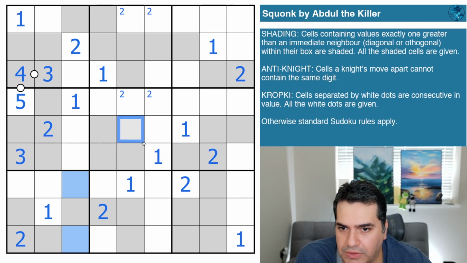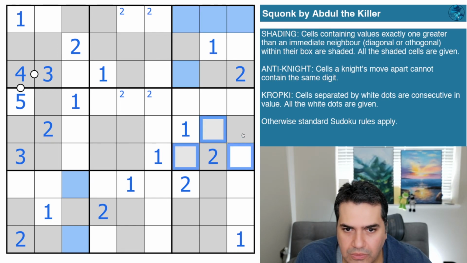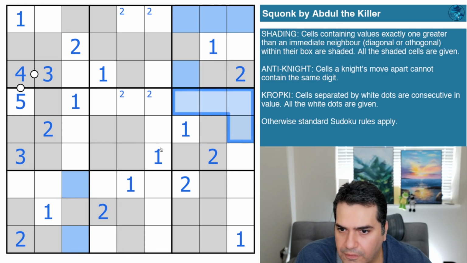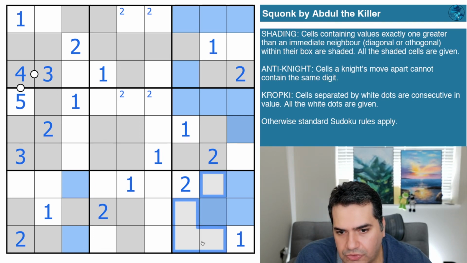So the 3 could be here. No, I don't want to go down paths like this where this couldn't be a 3. This couldn't be a 3. Yes, no, yes. No, no, no. Okay. Also no, also no. It's actually a lot more restricted than it may seem.